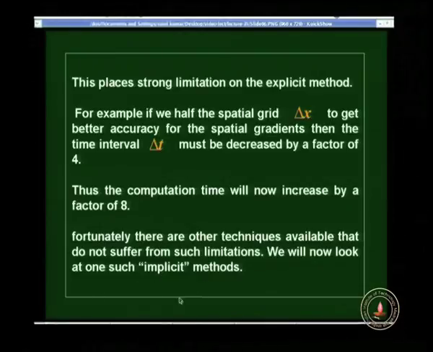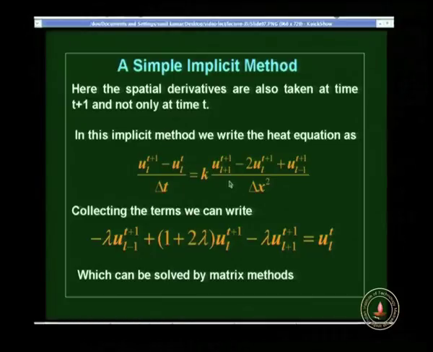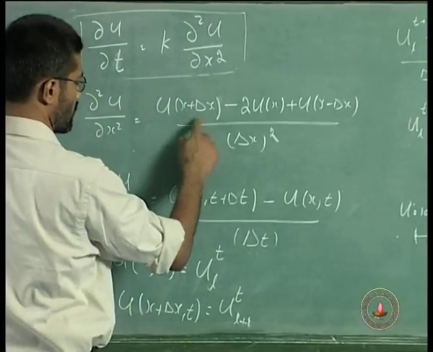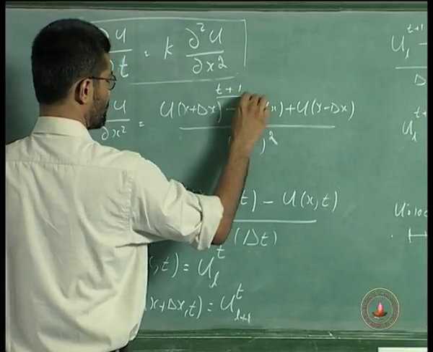As I said earlier, the difference in a simple implicit method is that the spatial derivative on the right hand side of this equation is now evaluated at time t plus 1. So we will evaluate all these derivatives at time t plus 1.